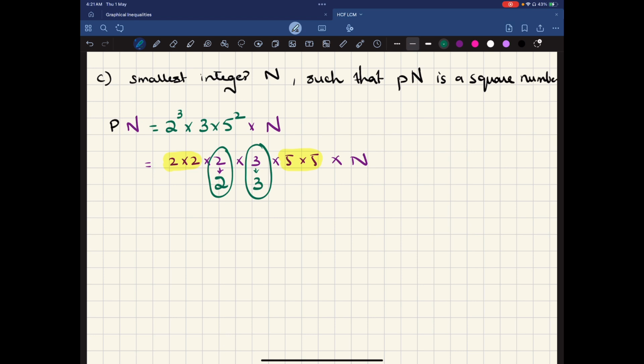So the value of n is going to be these. So n is going to be 2 into 3. Okay, because if n is 6, then we can make sure that all the factors are successfully divided into pairs of 2.